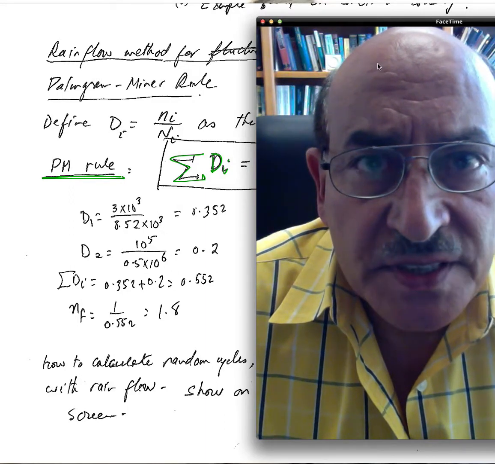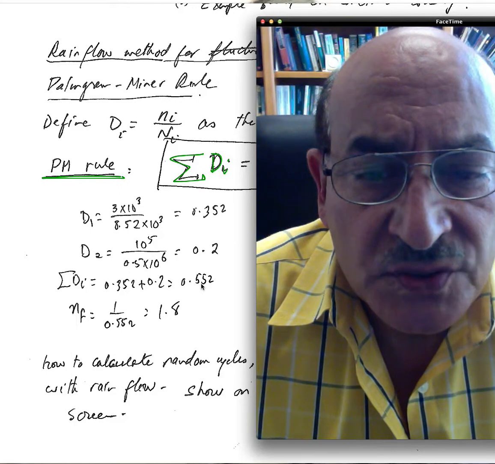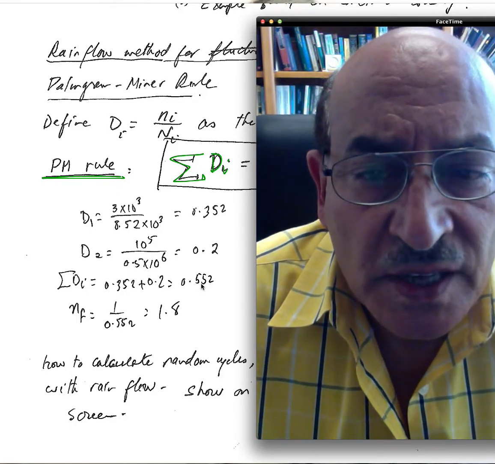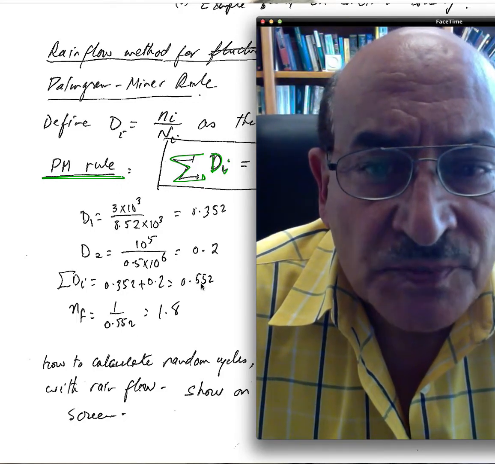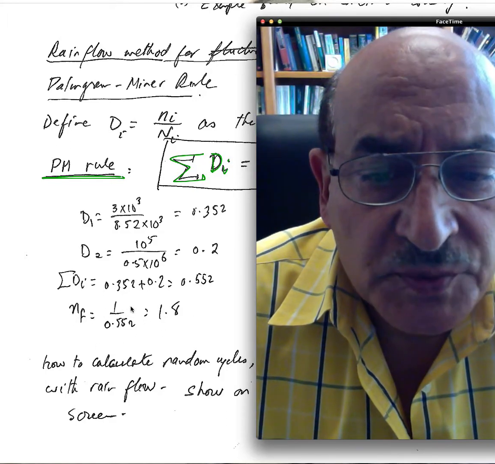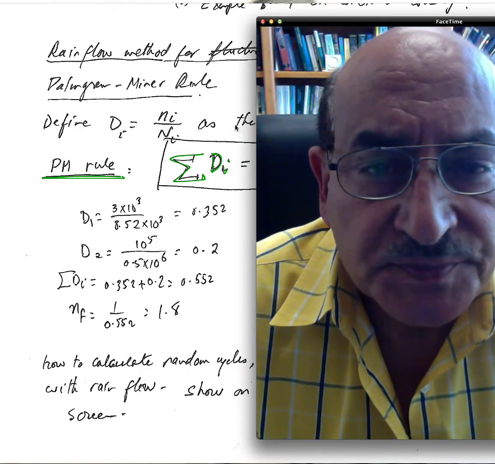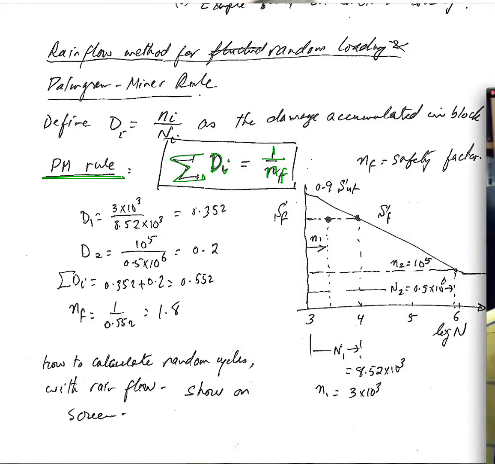So if these are the total number of cycles that are used, then D1 plus D2 is equal to 0.552, and therefore if you want to compute the factor of safety up to this point, it will be 1 over 0.552, which is 1.8. So this is an example that you can illustrate here, where this is the SN curve. Usually S is a log plot versus log N.